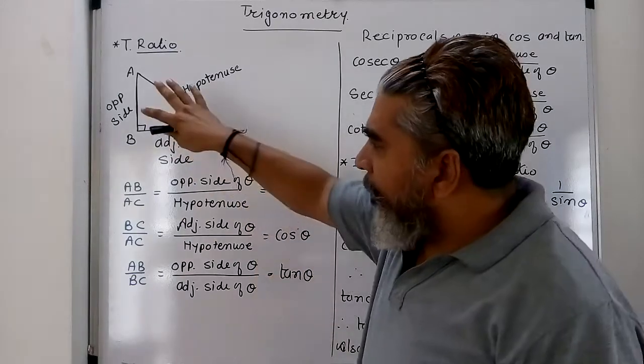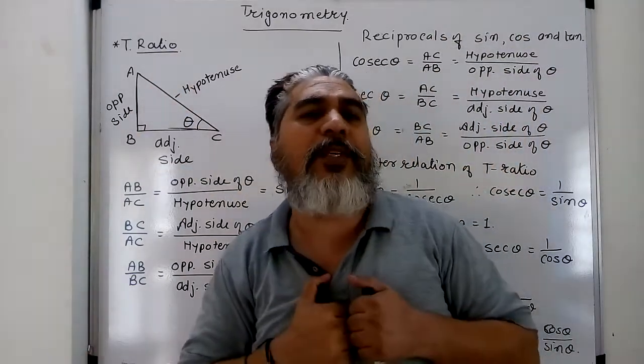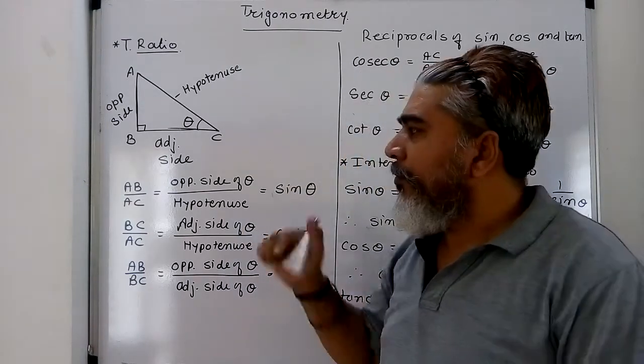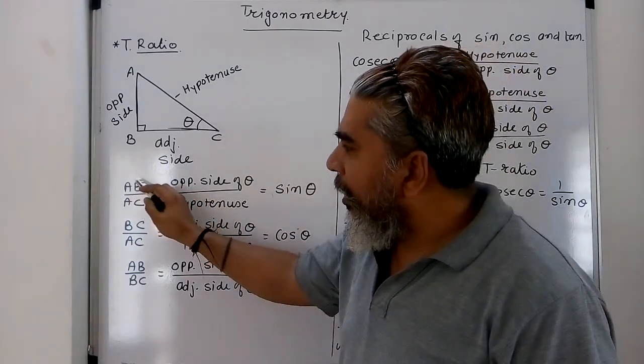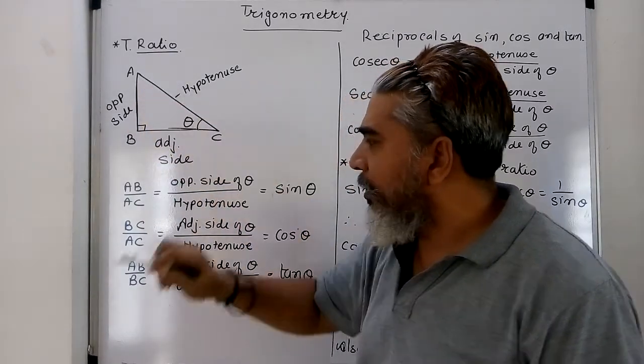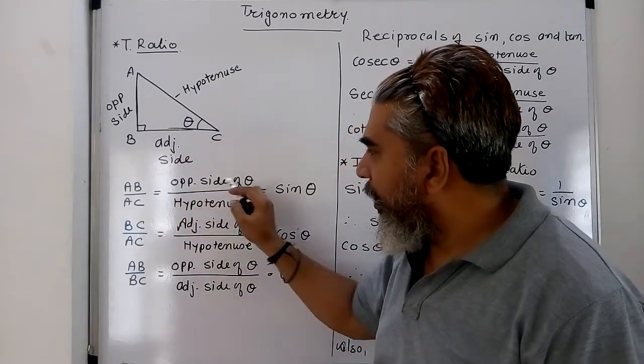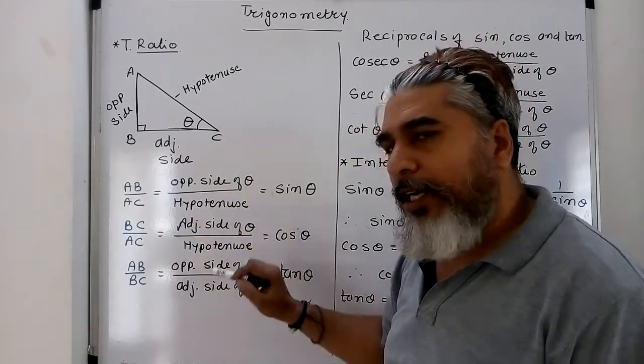On the basis of this triangle, we have 6 different ratios of the sides. Number 1, suppose I take the ratio AB upon AC, the side AB divided by side AC. This AB upon AC is the opposite side of the angle divided by hypotenuse.